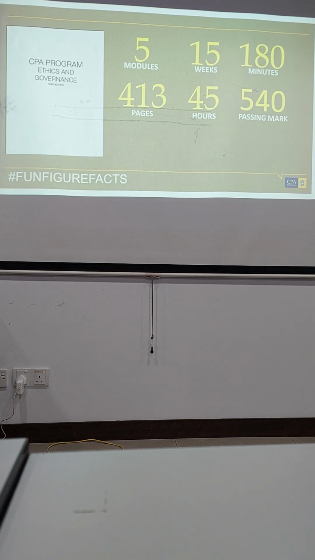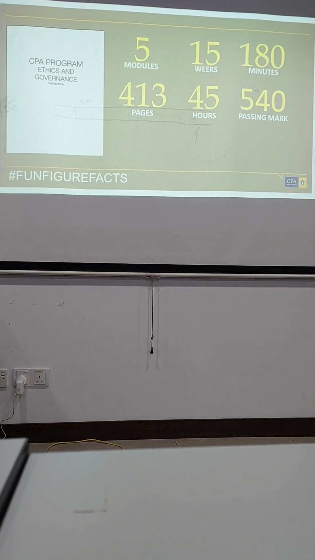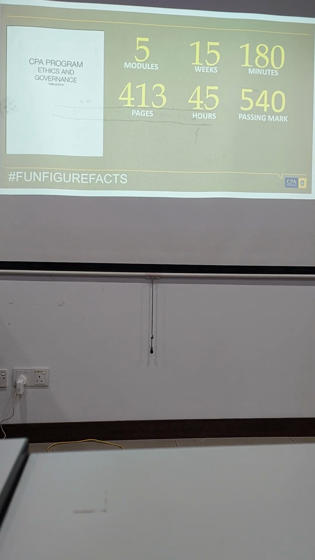And in CPA Australia, if you got 538, that's it. There is no such thing as a grace mark for you to pass. When you are given 538, that's it. My recommendation is for you to aim beyond a pass.